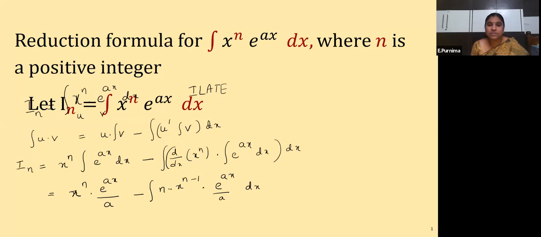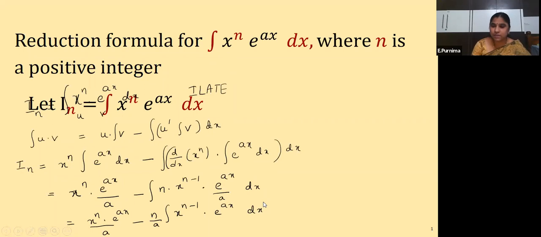Now which is nothing but x to the power of n into e to the power of ax by a, minus, here n is a constant and 1 by a is a constant, so I'm writing that n by a outside, into integral x to the power of n minus 1 into e to the power of ax dx. Is it clear, children?